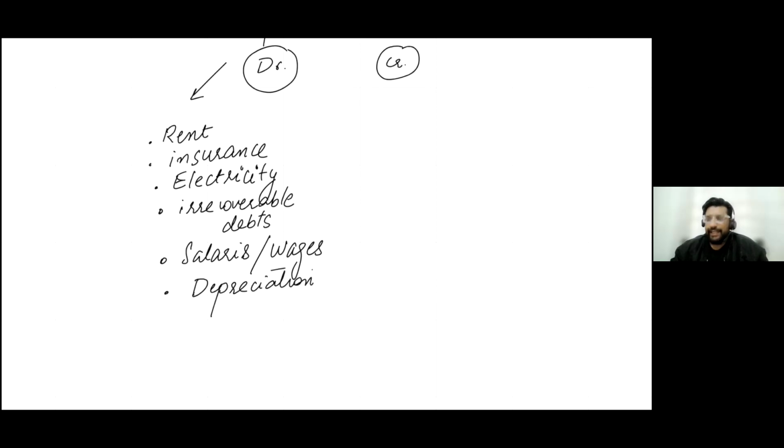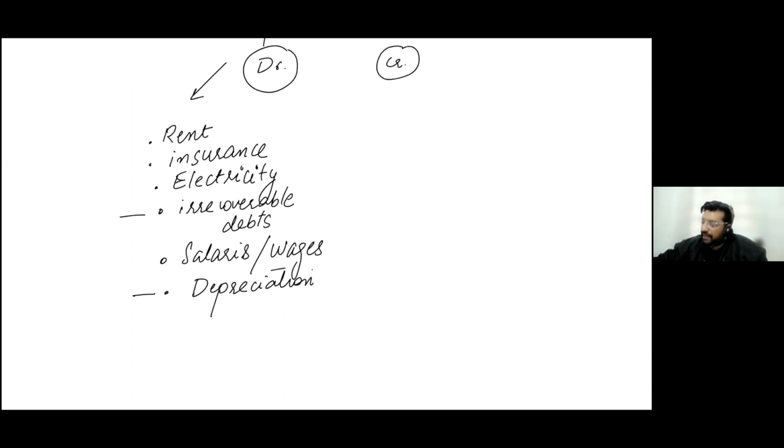We are going to talk about the irrecoverable debts in detail in a topic, and about the depreciation in detail in a topic as well. But to be precise, we charge depreciation to our non-current assets. So that's also an expense. Okay. Whenever our expense increases, we debit it. Okay.